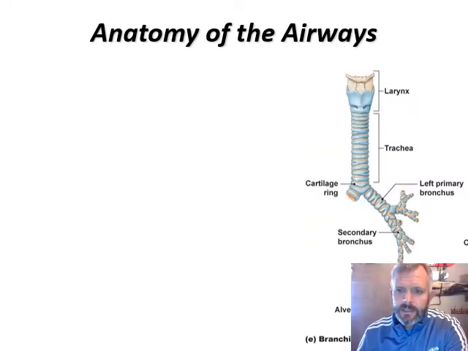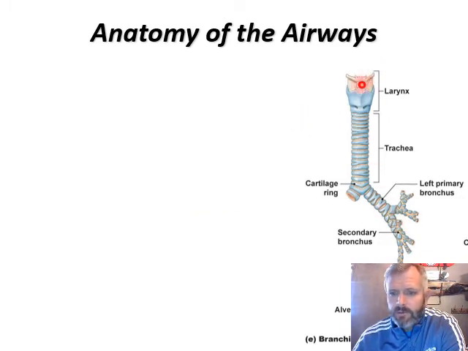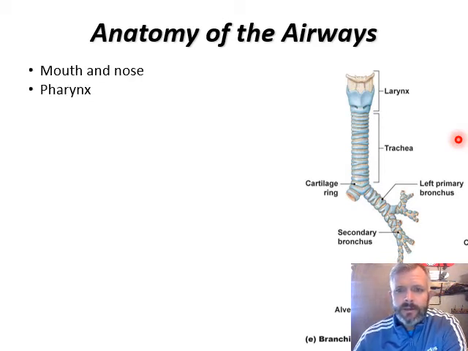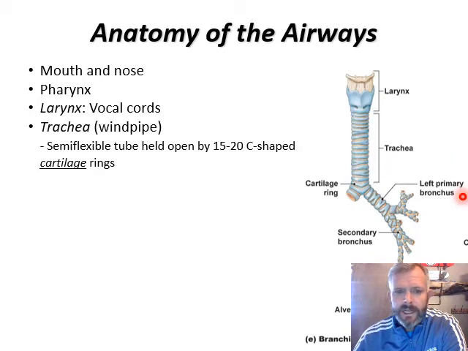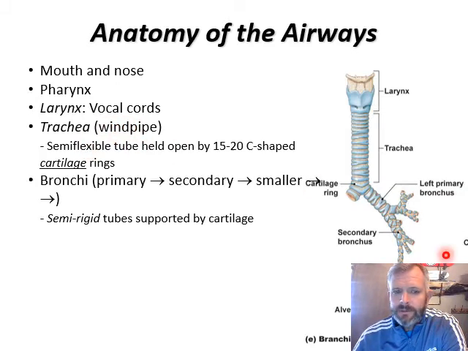So let's take a closer look at the structures of this conducting system as we move down the lower respiratory tract here. Mouth and nose, pharynx, larynx. That gets us down into the lower respiratory tract, and we move into the trachea. What happens with the trachea?